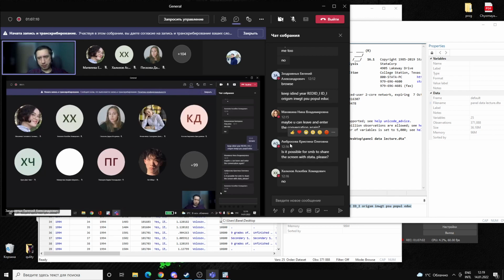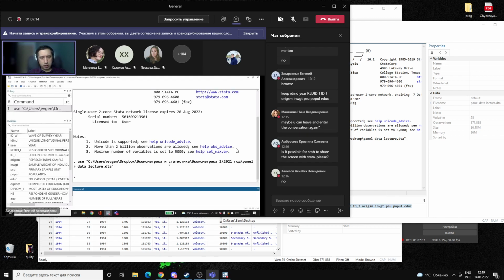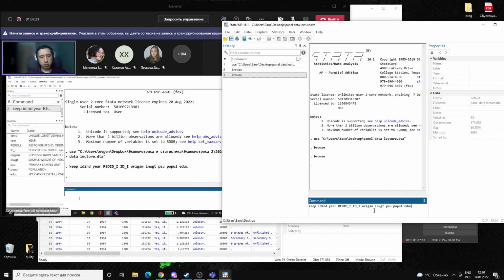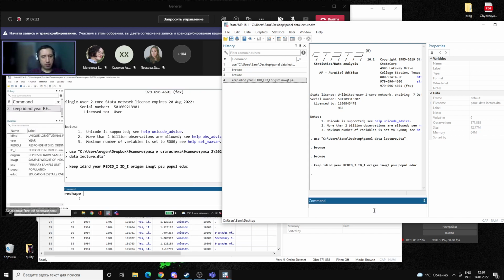Well, first, what's the difference between, let's keep class variables. Well, there is a command in Stata, reshape. Now this data is in a long form. Let me show you the difference. Well, sometimes we need to reshape our data.